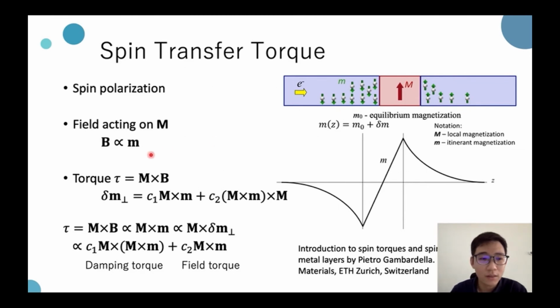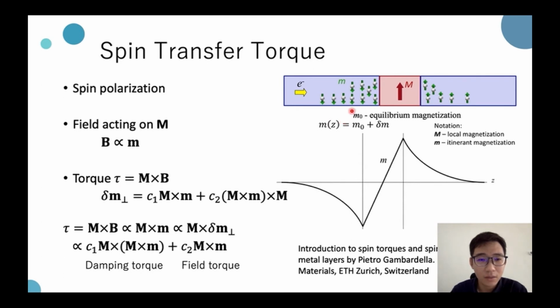It is reasonable that the magnetic field is proportional to the itinerant magnetization. And only the perpendicular component of delta M can cause torque to flip the local magnetic moment.